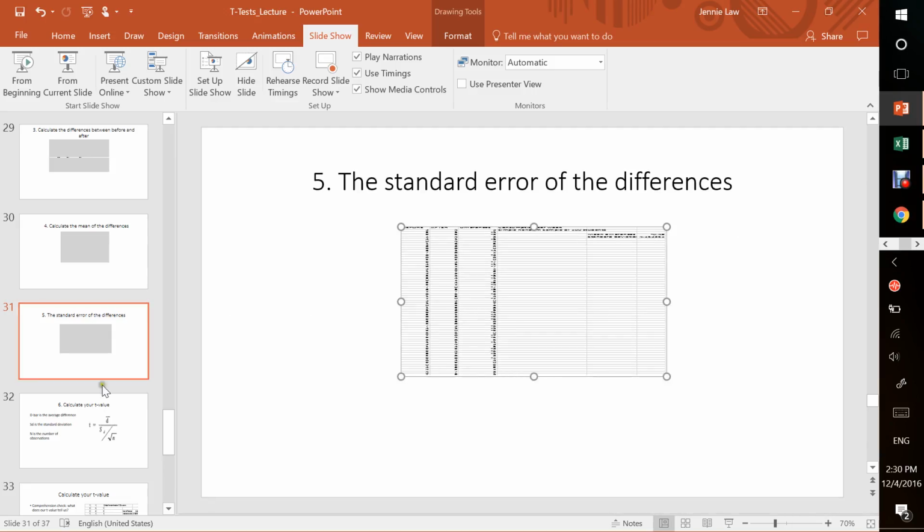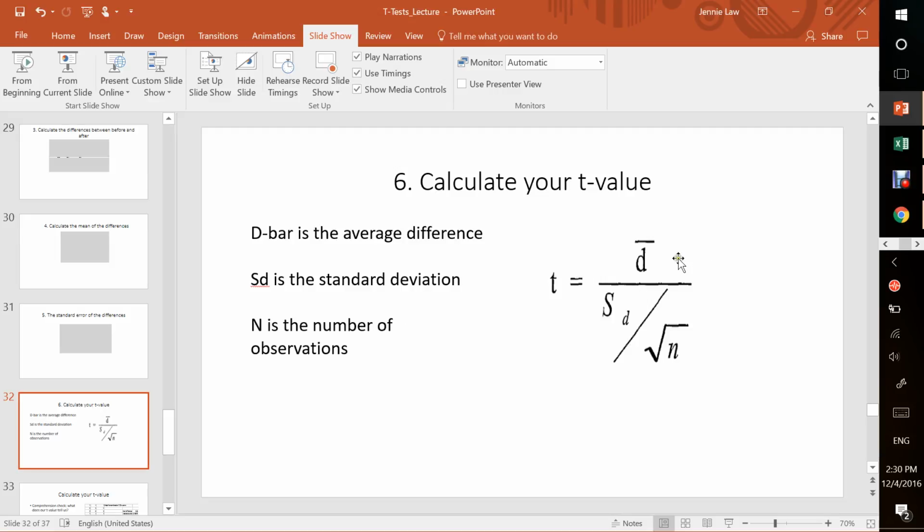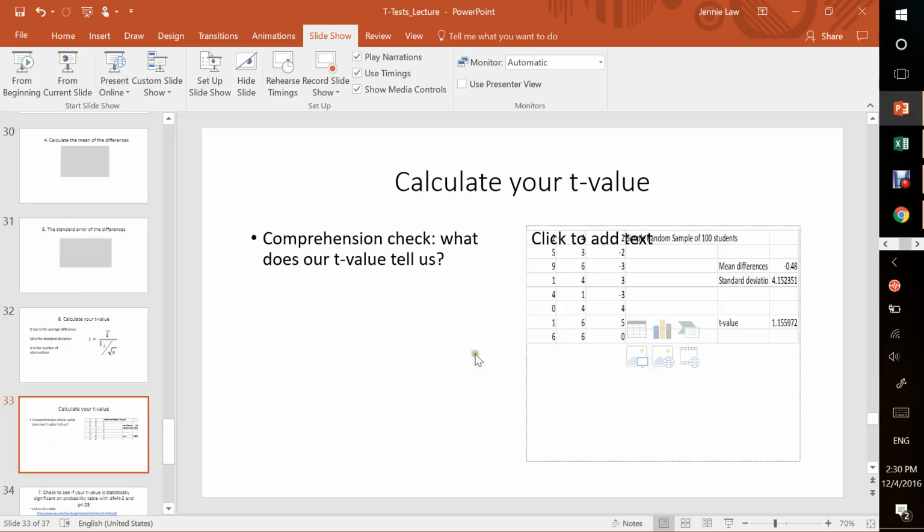In order to calculate your t-value, you need to know the average difference. We already calculated this. You need to know the standard deviation. We already calculated this. And you need to know the number of observations. Now, the number of observations here is just going to be the number of observations under our differences variable, so that would be the square root of 100. So what we're going to do is calculate our t-value.